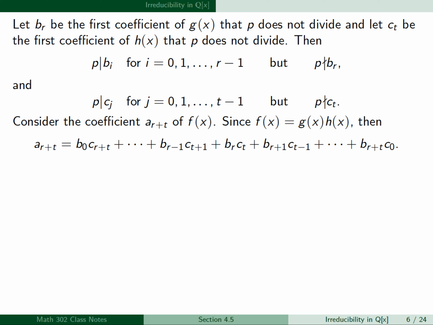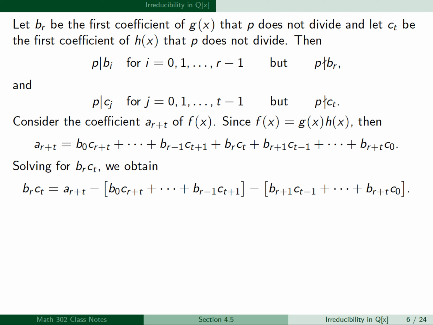Now, since f(x) is equal to g(x) times h(x), we have a formula for the coefficients of f(x) in terms of the coefficients of g(x) and h(x). So a sub r plus t is given by the expression shown. It's the sum of the products of coefficients of g(x) and coefficients of h(x), where the subscripts add up to r plus t.